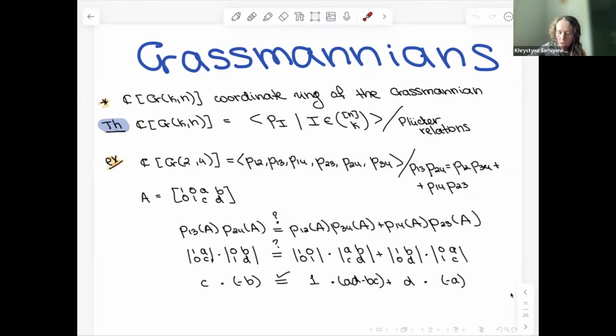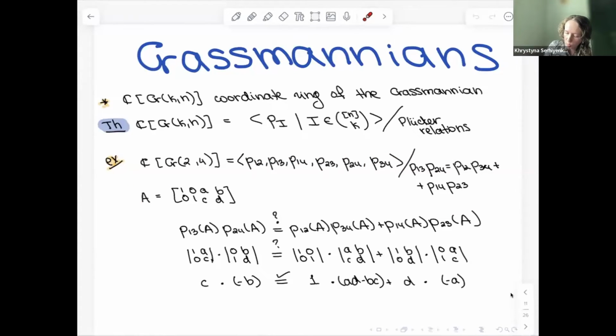Just to make sure we are on the same page, for example, I can take A to be this somewhat generic element of the Grassmannian. So it has rank 2. My a, b, c, d are some arbitrary elements. Then you can check that this relation is indeed satisfied for this element.